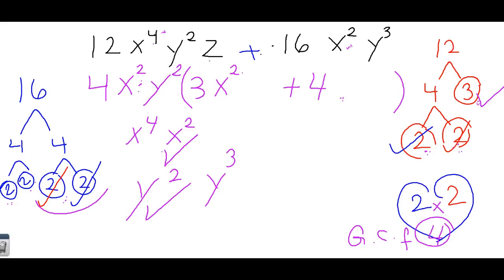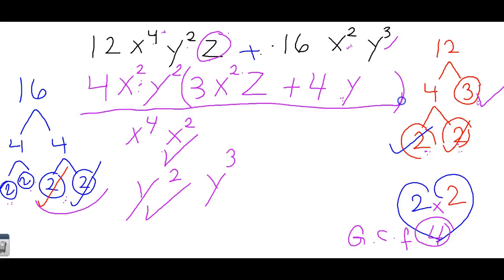Since y squared left, no y's are left here. Okay, y squared left. Oh, so there's one y left here, which is awesome. Now, z, we only have z in here. There's no z's here. So z cannot be common, so it just stays where it is. And that should be how you factor this expression.